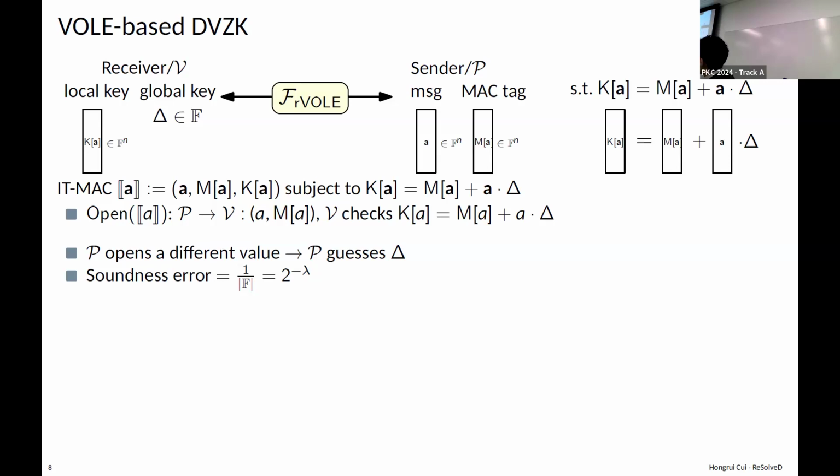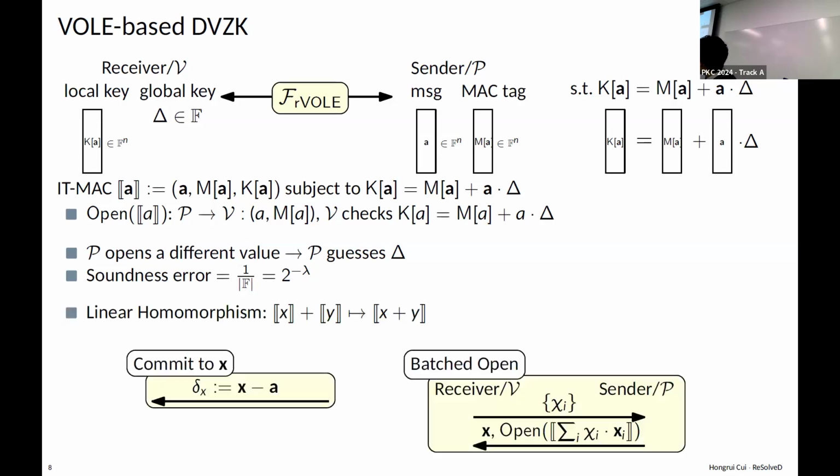In order to open a different message, the prover has to provide the corresponding MAC tag, and that is equivalent to guessing the global key, which is unlikely. So we get authentication in the sense that the prover cannot change the vector being authenticated.